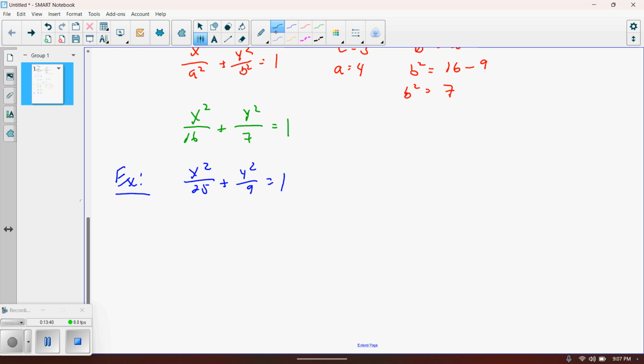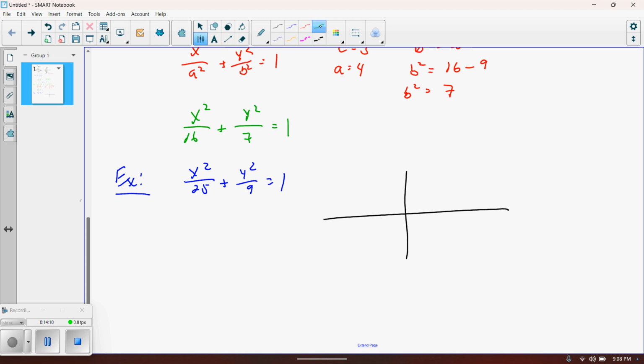What we are going to look at is how do I find the major and minor vertices? Well, those are given to us technically in the problem. Because the larger value is underneath the x squared, we know that the x-axis is going to be the major axis. And if you didn't know that, you could always just find the intercepts. If I want to find the x-intercepts, I'm going to let y equal 0.